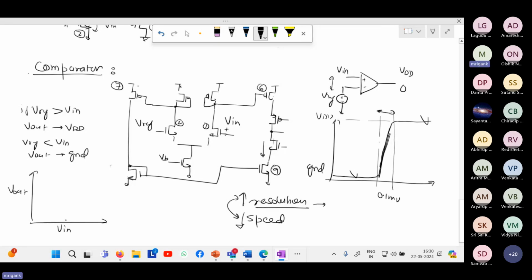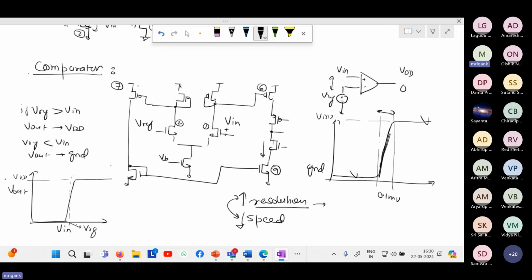When the V in is crossing Vref, this is your Vref point. Below that, the V out was ground, and exactly at Vref, because of the very high gain, it has a sharp transition. I'm exaggerating that, but ultimately it will be very sharp. It will go to VDD. This is the ideal characteristics.